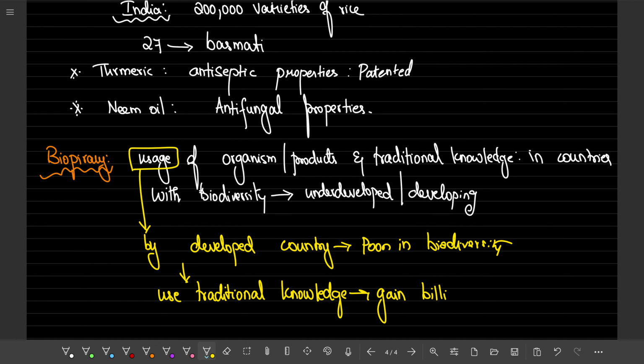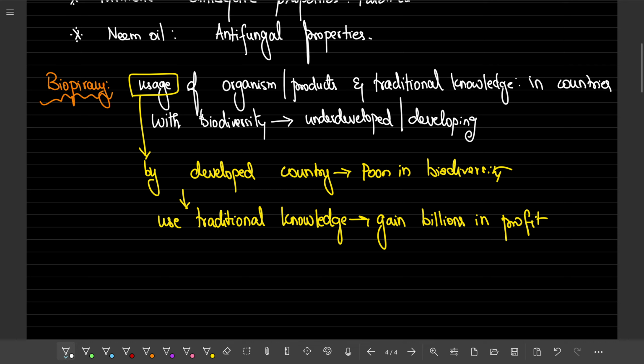Now they are going to use the traditional knowledge and monetize it, they are going to gain billions in profit. But what is not given? No compensation is given to that native country.